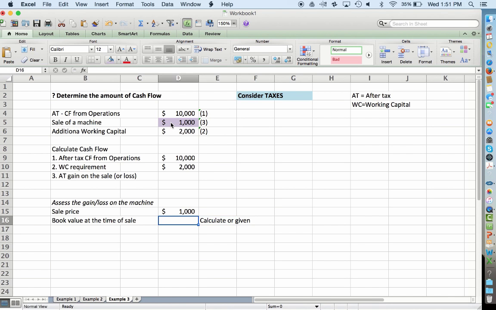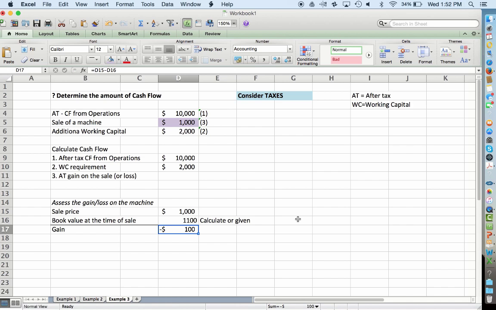So then this gives us the gain. It's called a gain. So if it was worth $100 at the time that we sold it, our gain would be $900. If it was worth $500 at the time we sold it, our gain would be $500. If it was worth $1,100 at the time we sold it, we'd actually have a loss. Okay, but it's worth 0. So why does that matter?